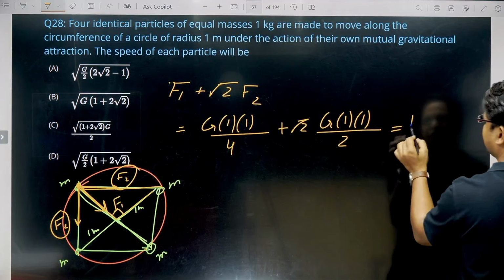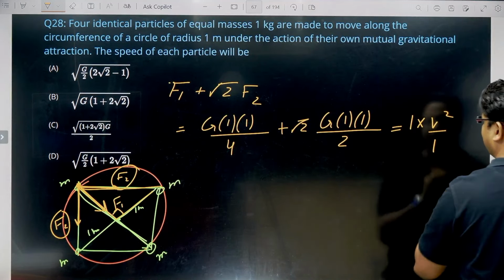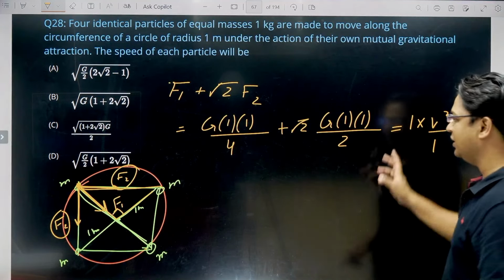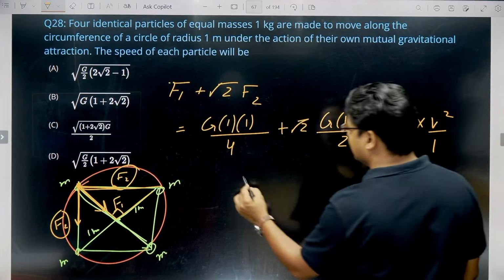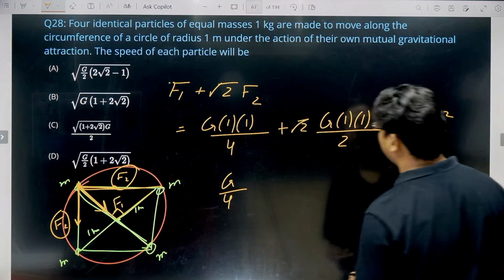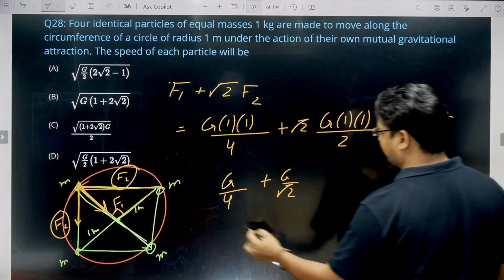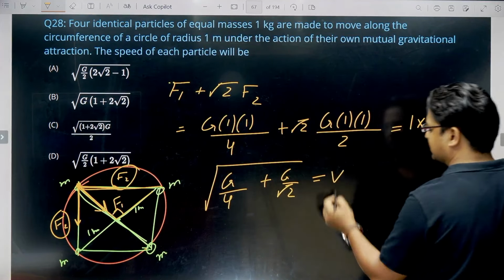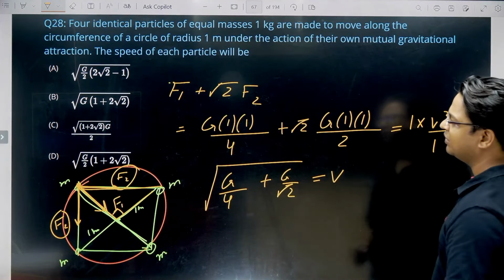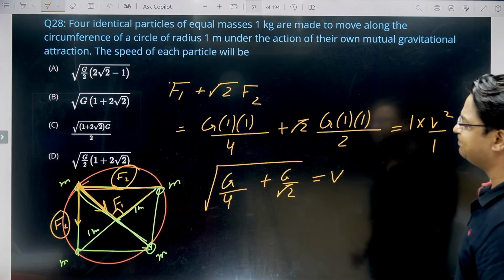So this is the net force. I will now equate it with m v square by r. So from here we get the value of v square, and therefore we can calculate the value of v also. So this is G by 4 plus G by root 2. When we take root of this, that gives us the value of speed. Now we may rearrange it a bit.